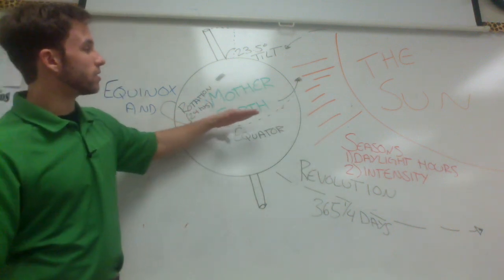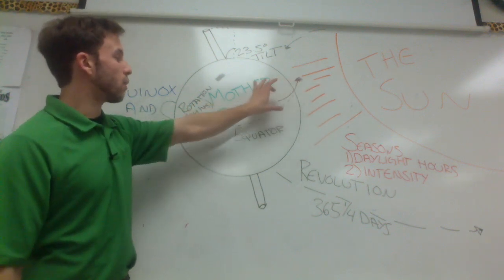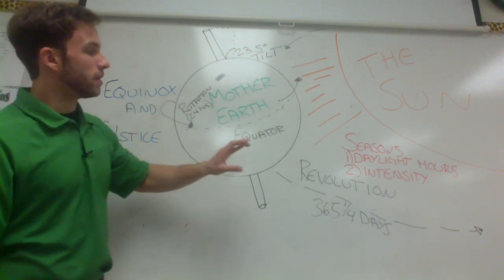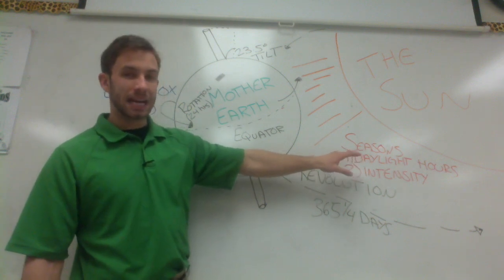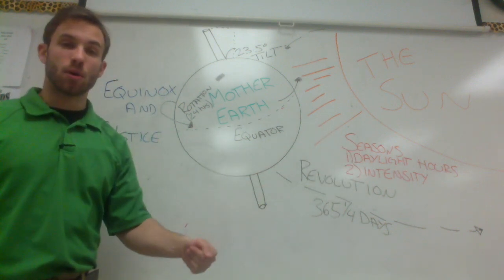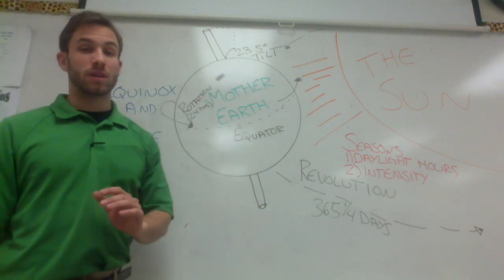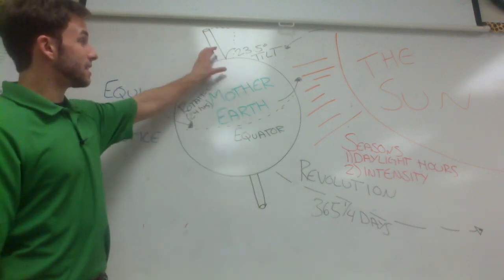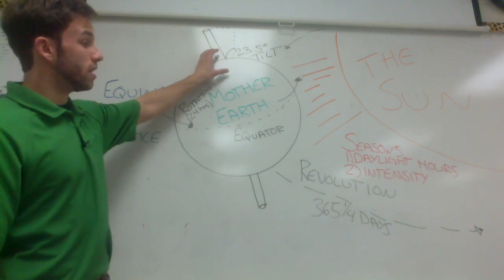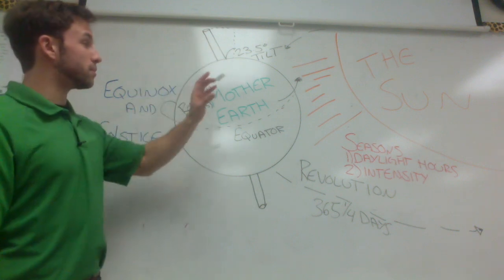You see that the equator tilts up towards the sun. The equator is the warmest part of the Earth because it gets the most daylight hours, the most amount of time exposed to the sunlight. The North and South poles, which have a lot of ice, have less time exposed to the sun.